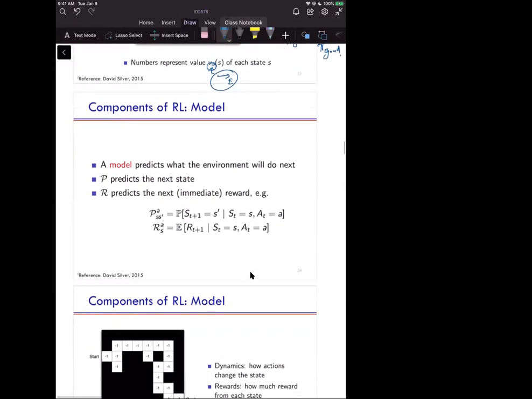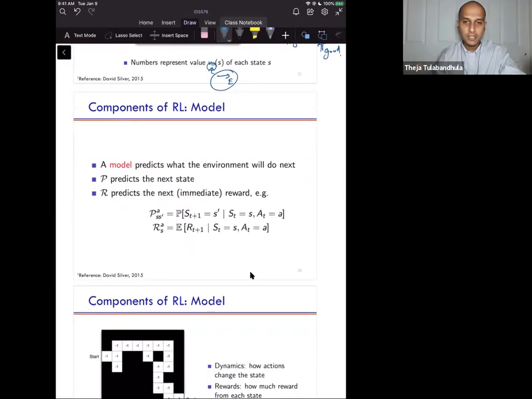Last primitive component. So we talked about policies. We talked about values. The next thing that we want to quickly talk about is a notion of a model. A model is a model of the environment, because remember, an environment is in some state st, the agent places action at, and the environment changes state from st to st+1 and also emits a reward rt+1.